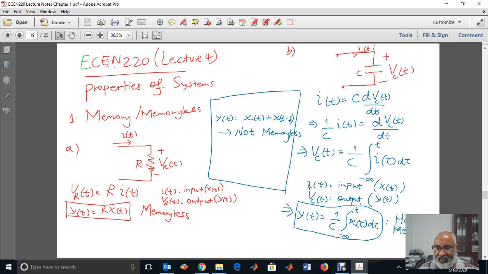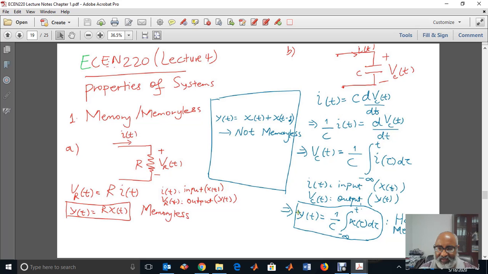So if we say now the input is i(t), which is x(t), and the output is V_c(t), which is y(t), then y(t) is equal to 1 over C times the integral from minus infinity to t of x(tau) d tau. What does it mean?